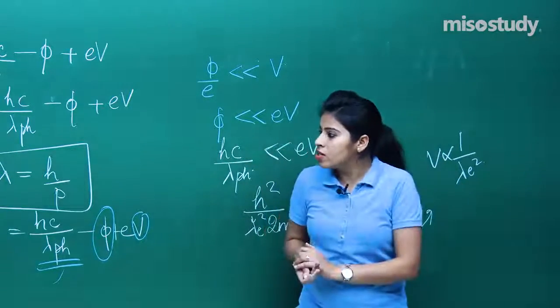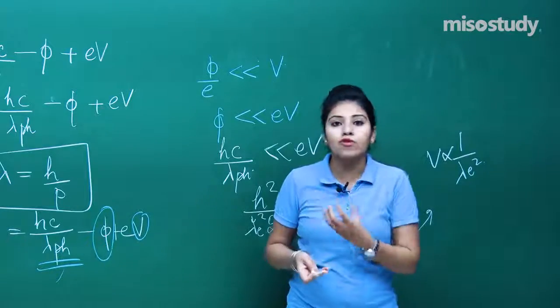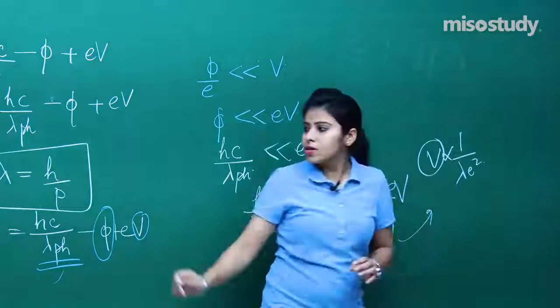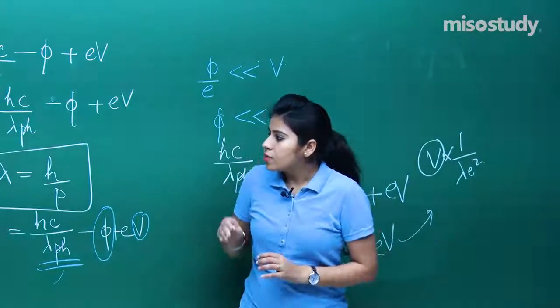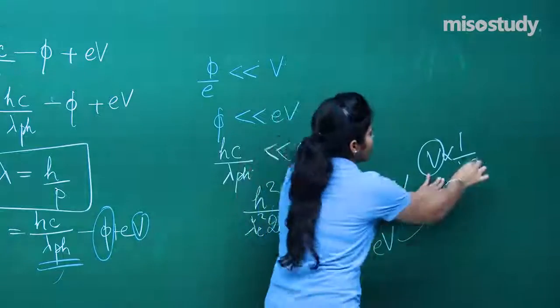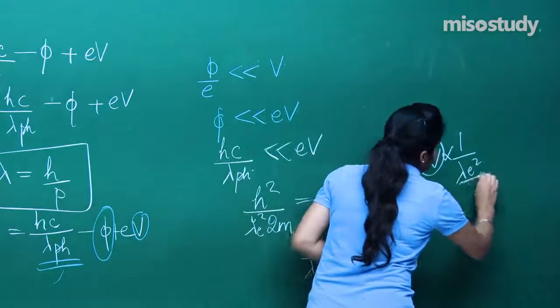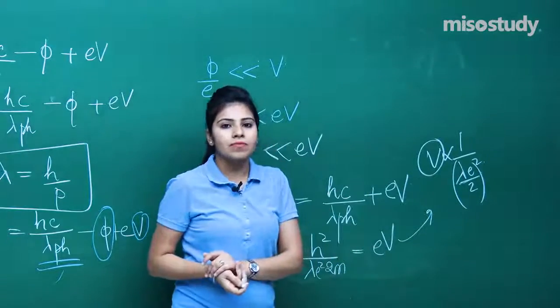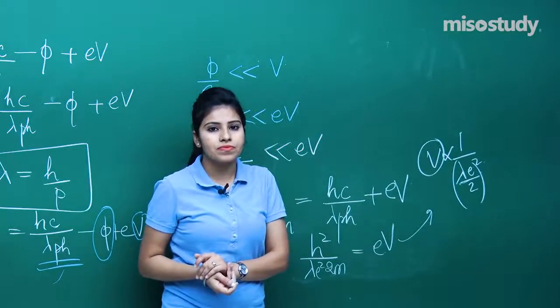Now in the question, if V is made 4 times, it is said that lambda is approximately halved. So if I am making this lambda E by 2 square, what is happening? Is this increasing or not?